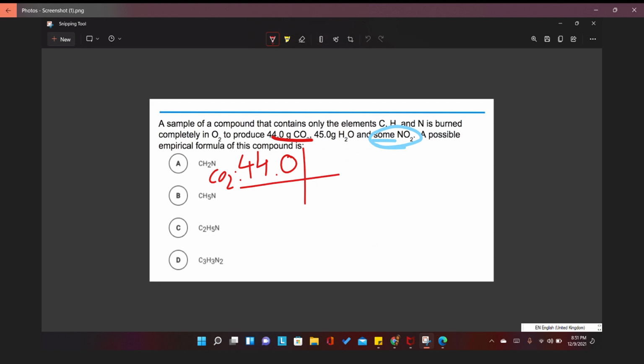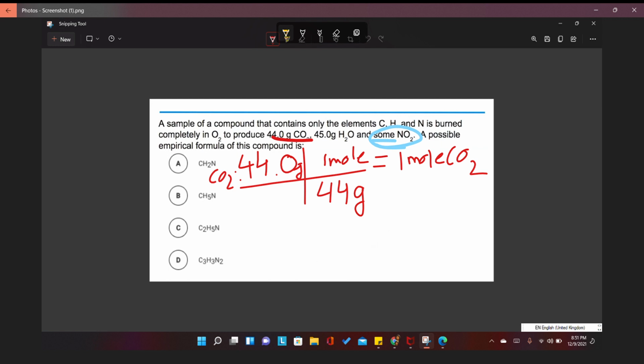And since grams has to cancel with another gram, we'll keep 1 mole over here, and that equals the molar mass of CO2, which is also 44 grams. And that would equal 1 mole of CO2. Excuse my writing right now.